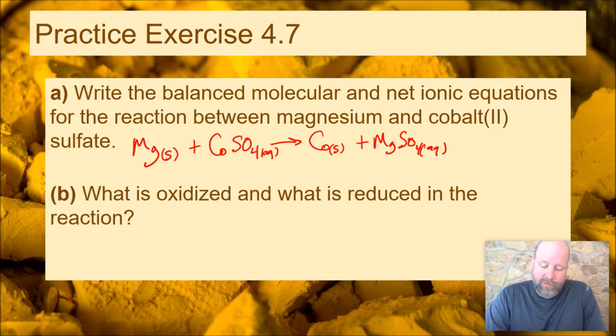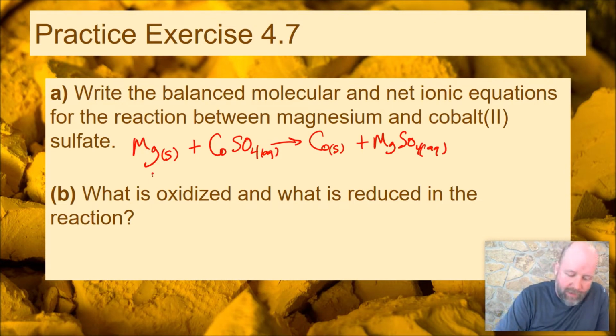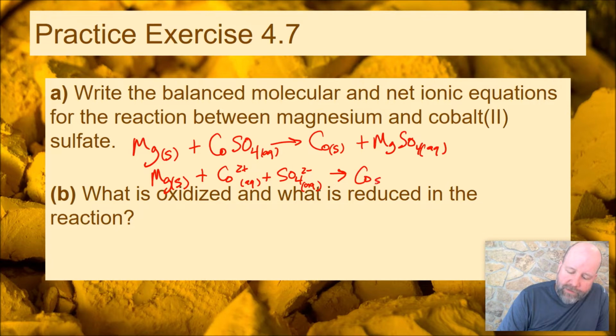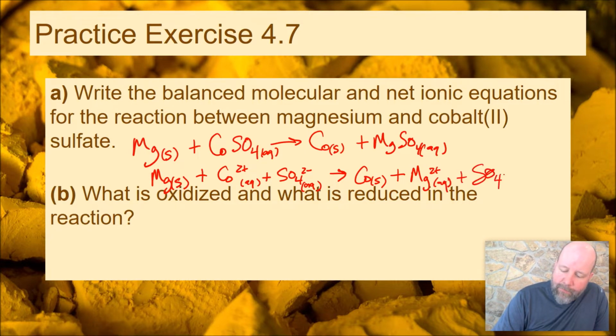It looks pretty straightforward. To do the net ionic, we want to write out everything and then remove all the spectators, right? So magnesium solid plus cobalt 2 plus ion, that's aqueous, plus sulfate 2 minus, and that's aqueous, yields cobalt solid plus magnesium aqueous plus the sulfate ion aqueous.